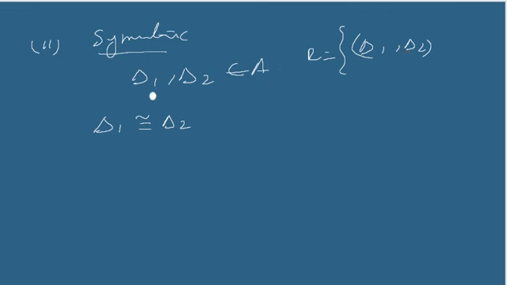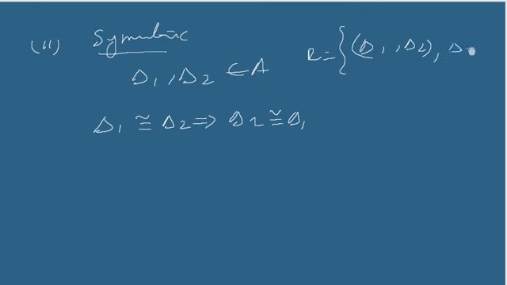Now let us look here. Let's consider two triangles, say triangle 1 and triangle 2 in A. Let us consider triangle 1 is congruent to triangle 2. If they are congruent, then definitely it will come to the relation. Now coming back here, if triangle 1 is congruent to triangle 2, this implies triangle 2 is congruent to triangle 1, isn't it? If they are congruent, what is the next step?